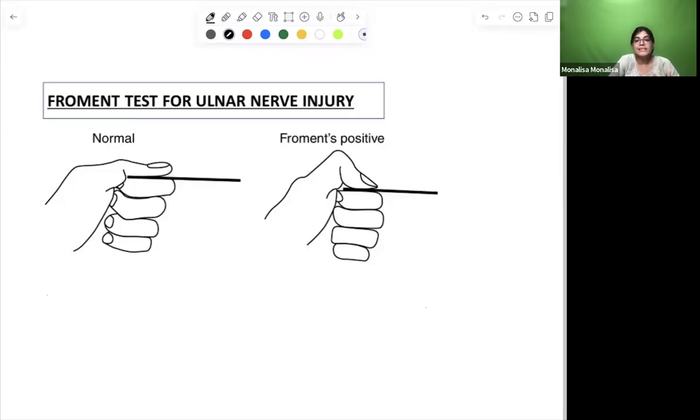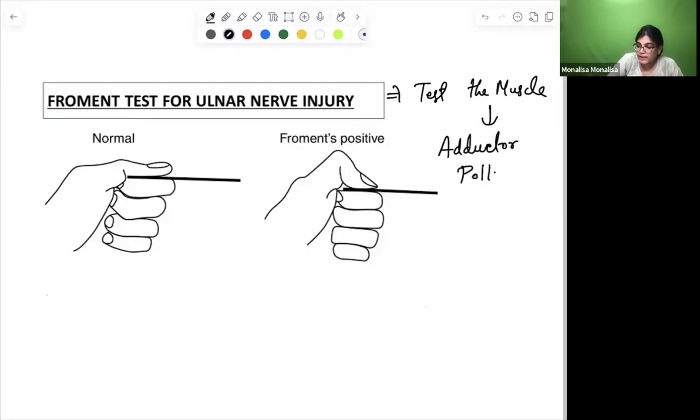Which test is done to see whether the ulnar nerve is injured? That is Froment's test, done for ulnar nerve injury, and it tests a muscle. Which muscle? Adductor pollicis. Now, I want to demonstrate. Can you see this is a block of paper? If you ask the patient with an ulnar nerve injury to hold this block between the thumb and index finger, generally we hold it by adducting the thumb.